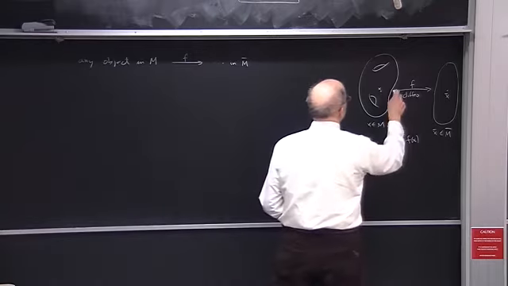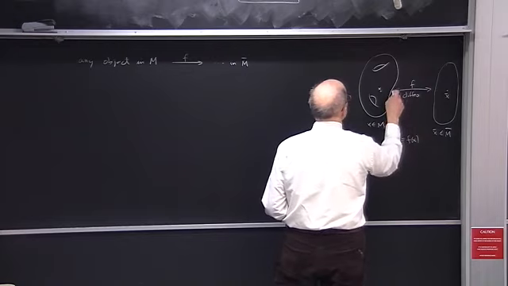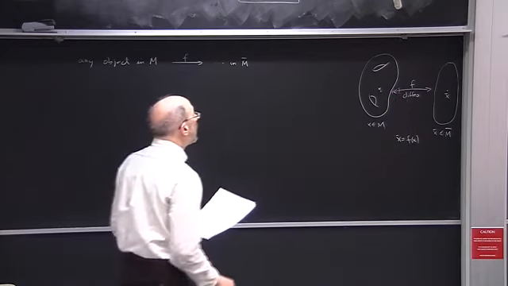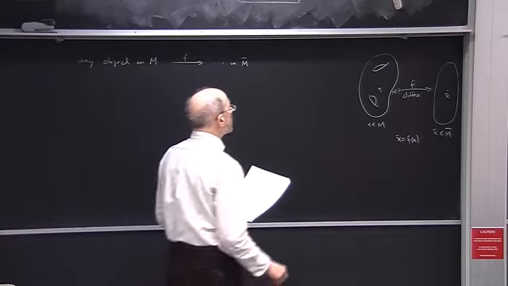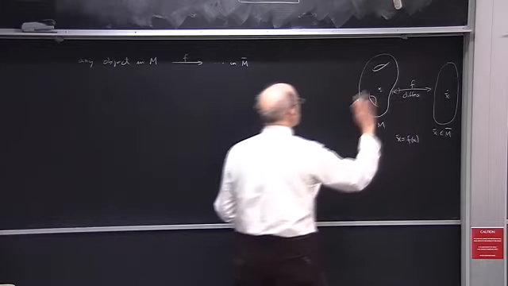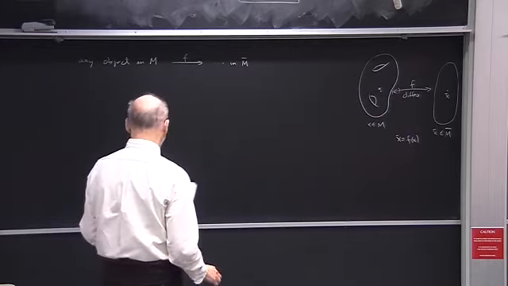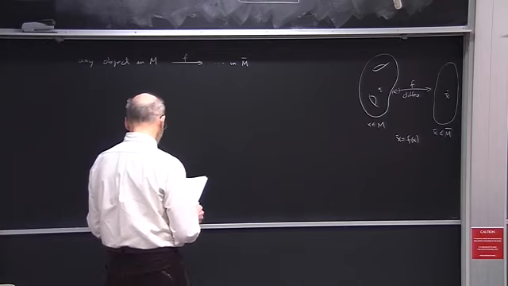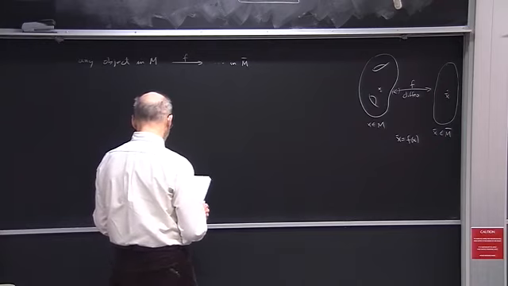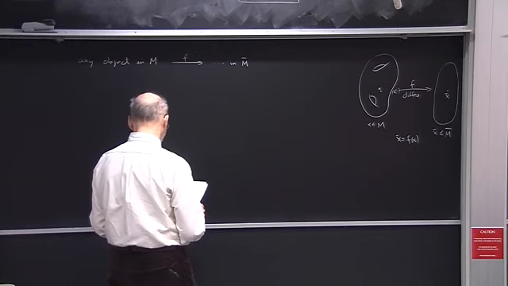A diffeomorphism means a one-to-one map between points of M and points of M bar, which is smooth in both directions. So I can always do that.